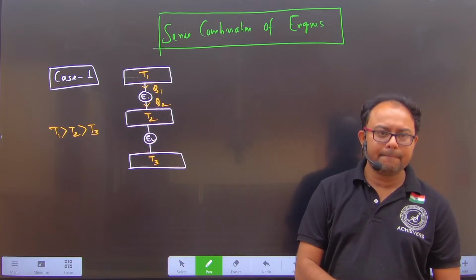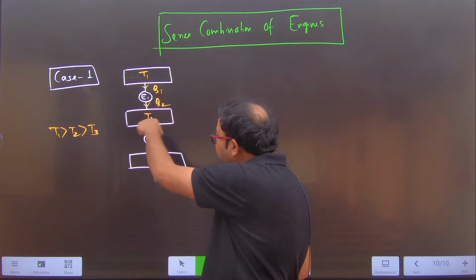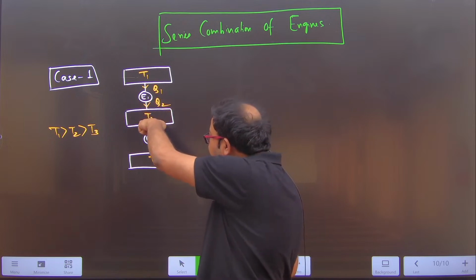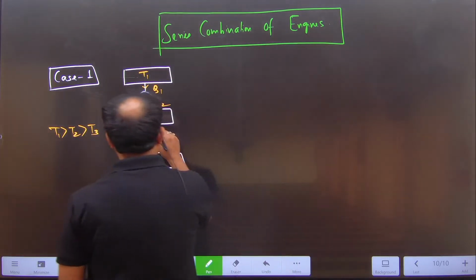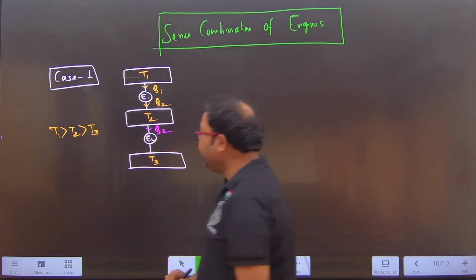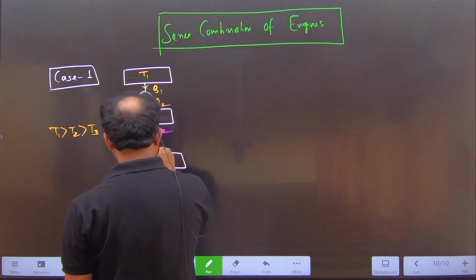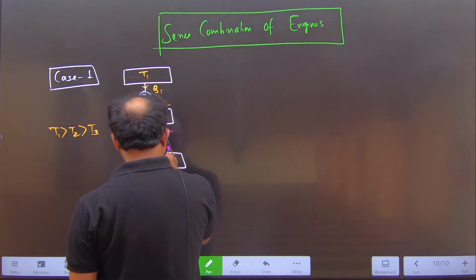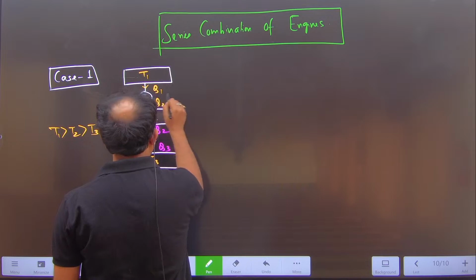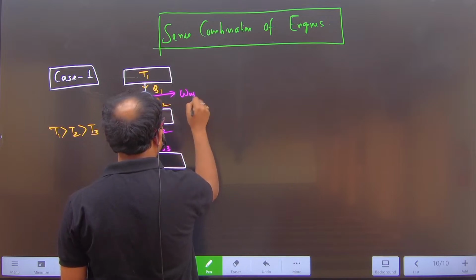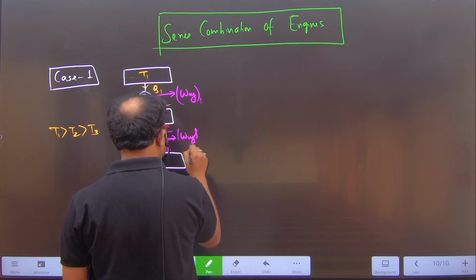Now let us consider that no heat gets accumulated in this reservoir, so that E2 will withdraw Q2 amount of heat from the reservoir at temperature T2 and it will reject Q3 amount of heat to the reservoir at temperature T3. Here you have got W cyclic 1 and here you have got W cyclic 2.